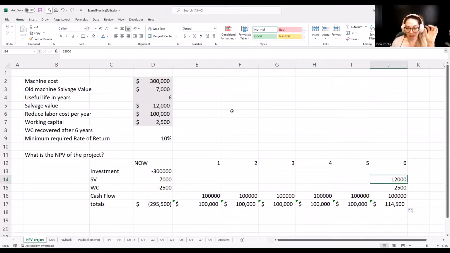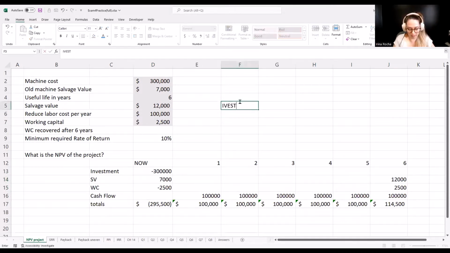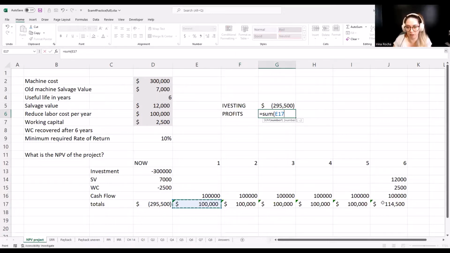So if we did it the wrong way, we could just say, oh, I'm investing this much and I'm going to get profit. It's going to be a sum of all of my cash inflows.